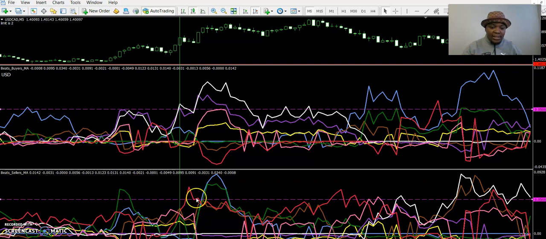Unfortunately, the dollar sellers here, you can clearly see they're nowhere in the picture, because if they were in the picture, you would see something like this, right? Bits Sellers MA, these are dollar sellers. The white line would be going up. So you can clearly see there's no sellers actually on the dollar.